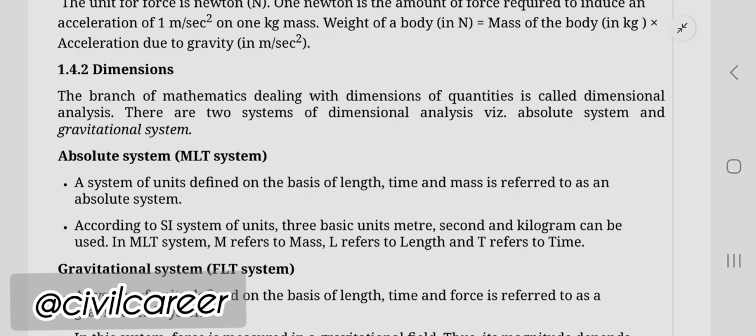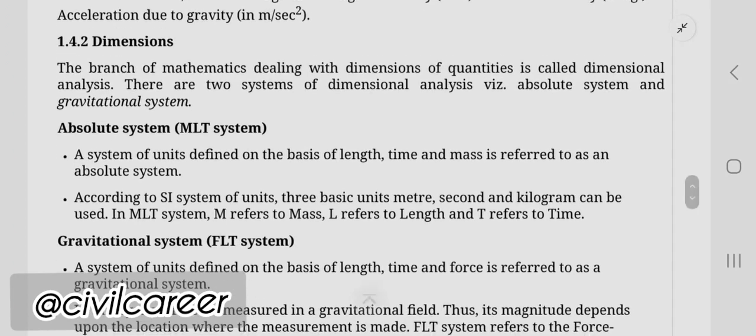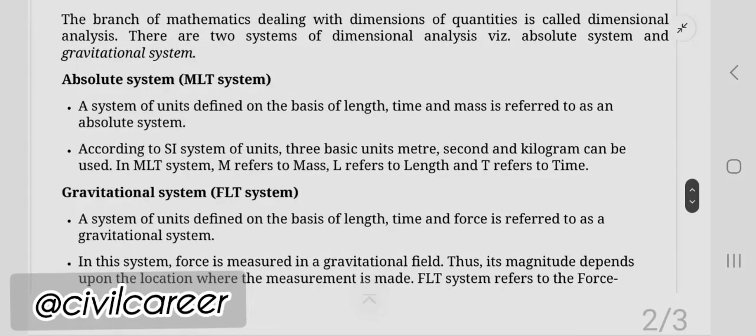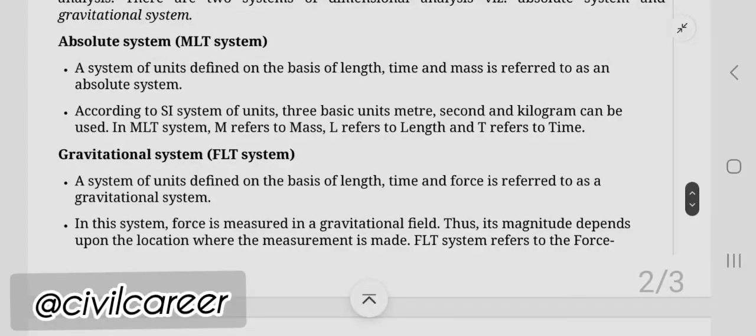According to the SI system of units, three basic units, meter, second and kilogram, can be used in the MLT system. M refers to mass, L refers to length and T refers to time. The second one is the gravitational system, the FLT system, a system of units defined on the basis of length, time and force. The difference between the absolute system and the gravitational system is that in the absolute system we use meter, second and kilogram, but in the gravitational system we use length, time and force.